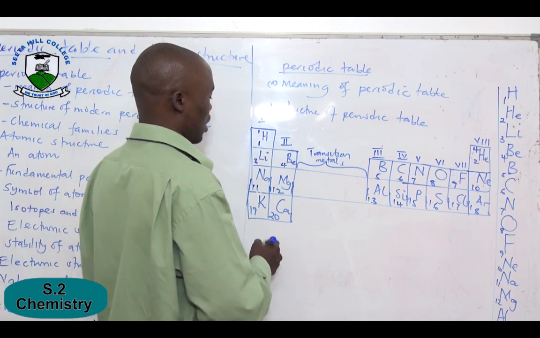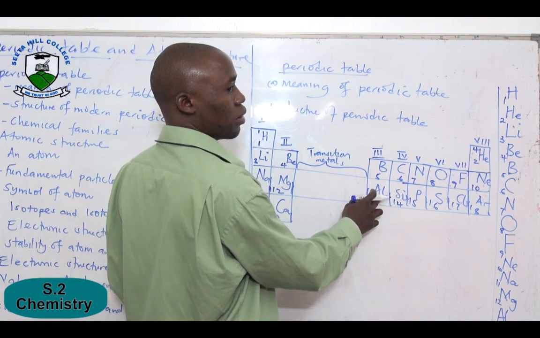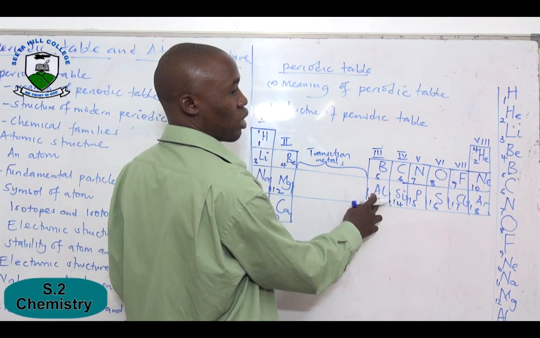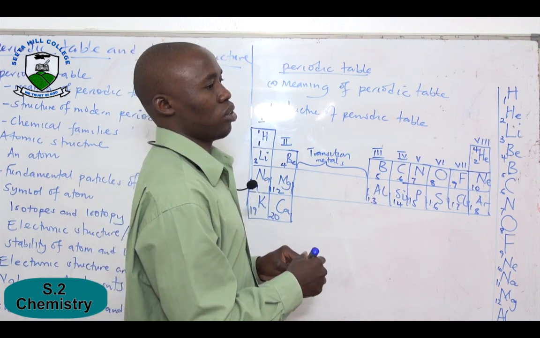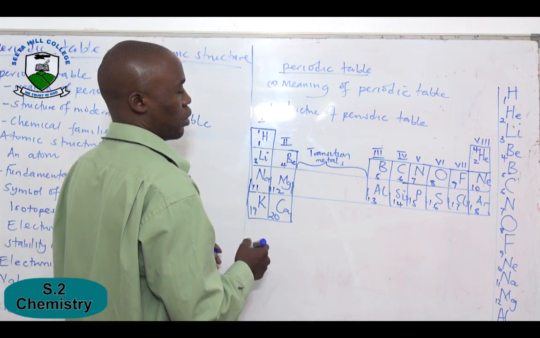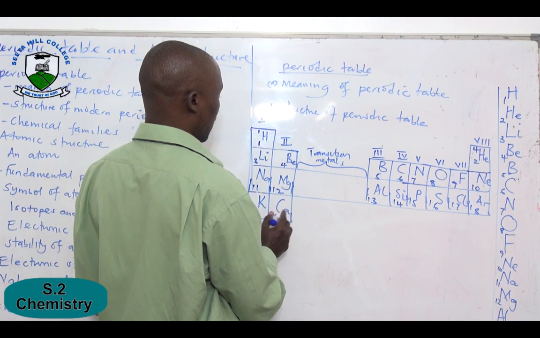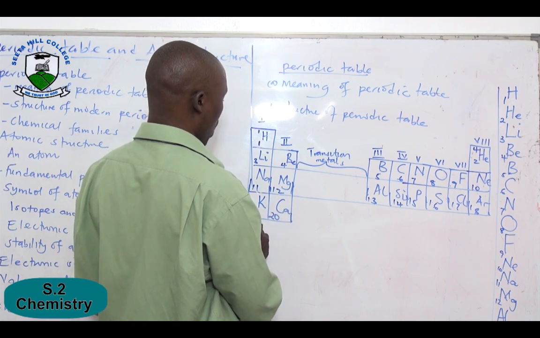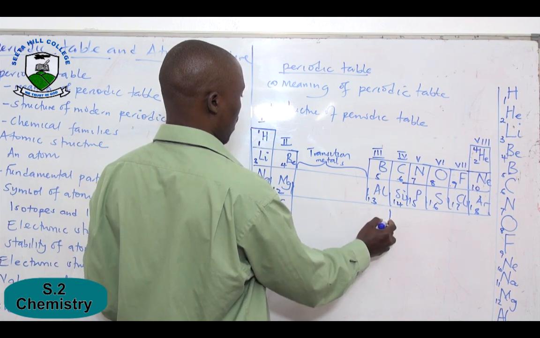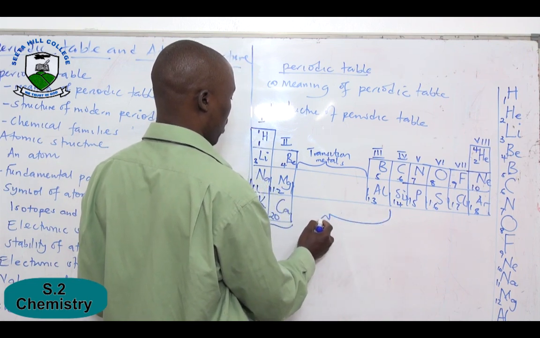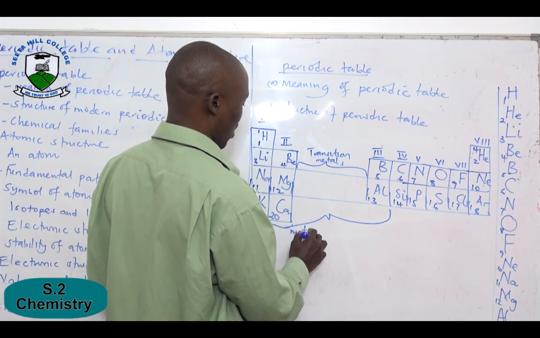Aluminium, is it a gas? You know it is even at home, in the form of a saucepan. That means we are going to see that from group 1 up to group 3 here, you have metals.